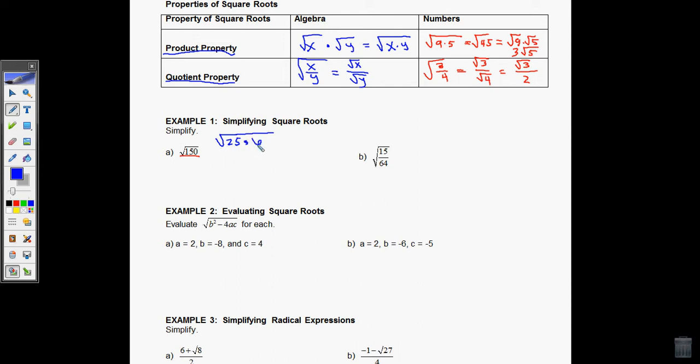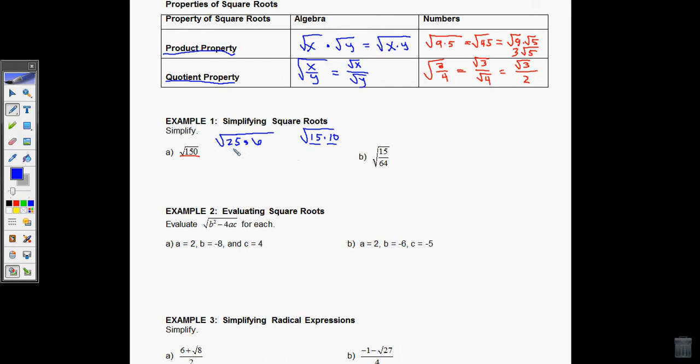Now, what's so special about choosing 25 times 6? Because there are other numbers that multiply to 150, like 15 and 10. But why am I not using 15 and 10? Why am I not doing the square root of 15 times 10? The reason I'm not doing that is because I still don't know the square root of either 15 or 10.